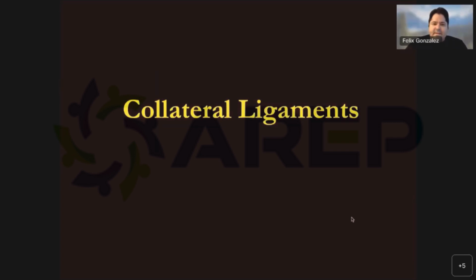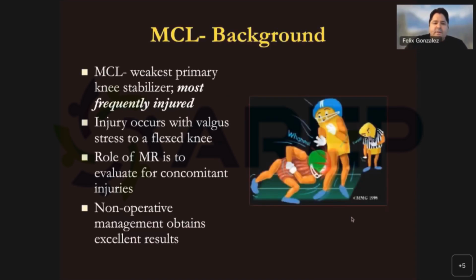So let's begin. We're first going to work ourselves from the outside towards the inside of the knee, looking at the collateral ligaments first. One of the weakest primary knee stabilizers is the medial collateral ligament, which is the most frequently injured ligament in the knee.